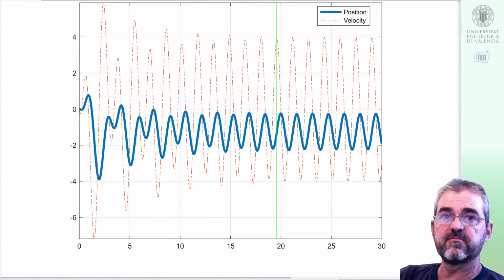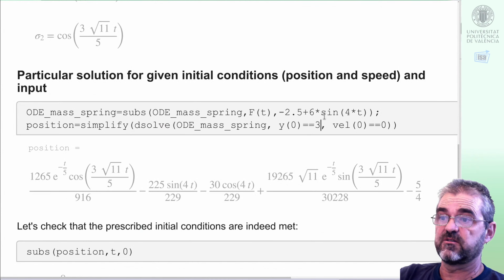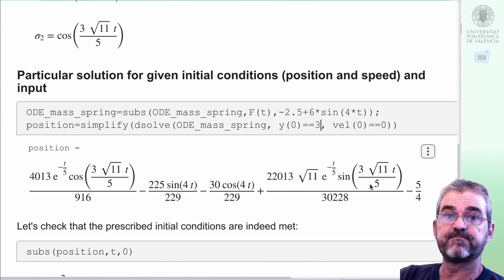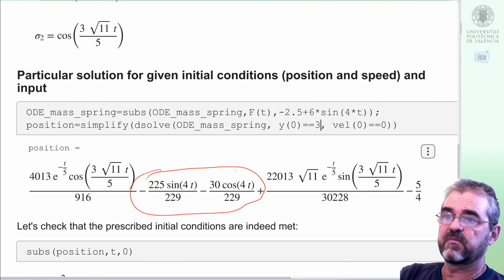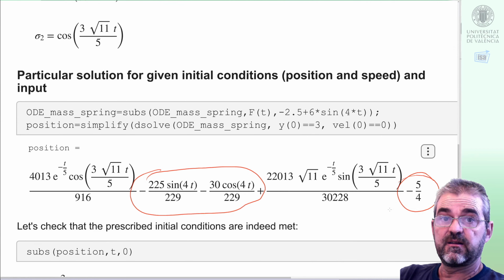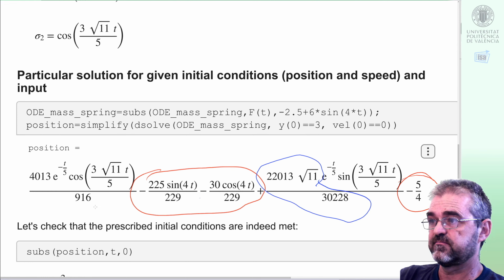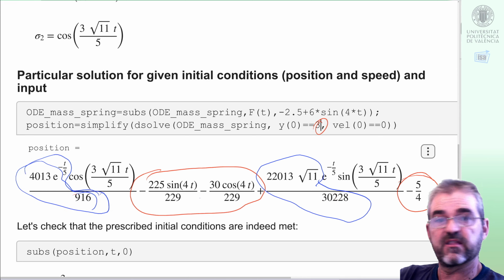This is the simulation, and in fact, we can even add initial conditions, so we get sort of the same shape but different transient amplitudes. This and this keep unchanged, but changing the initial position, it's these coefficients that change with respect to the case in which we have here 0.